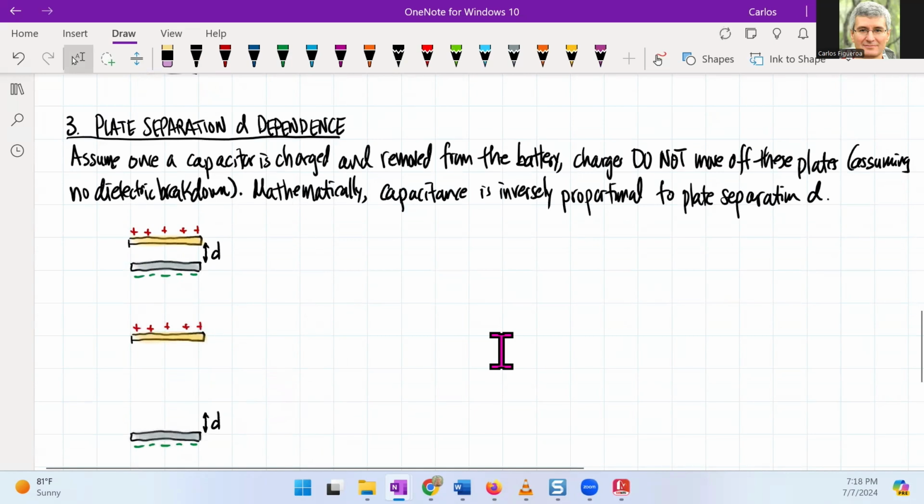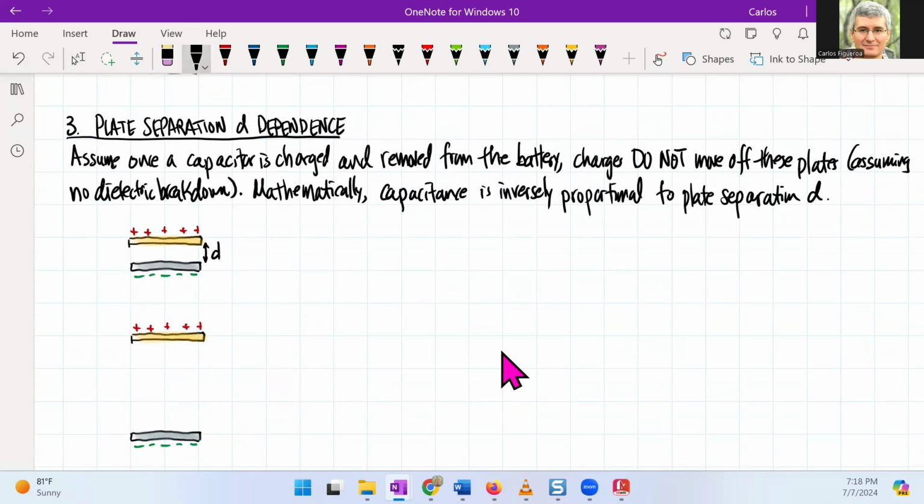So when you're looking at this here, they have the same amount of charge, but the big difference between these two is that the separation of these guys is really large. Now, in each situation, we're going to say that Q is equal to a constant. And here, that has the exact same amount of charge.